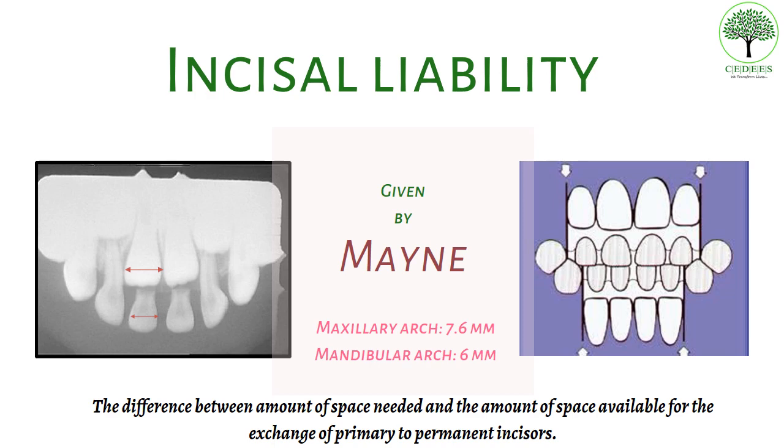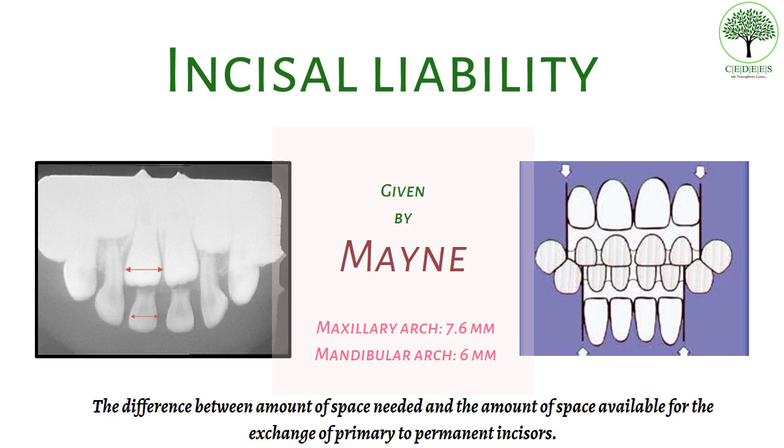If the option 7.6 millimeter is present for maxillary incisal liability, please opt for 7.6. Now in case 7.6 millimeter is not on the list of options and 7 millimeter is there, since it's the closest to the value of 7.6, it would be better if you opt for 7 millimeter in cases where 7.6 millimeter does not exist as an option.